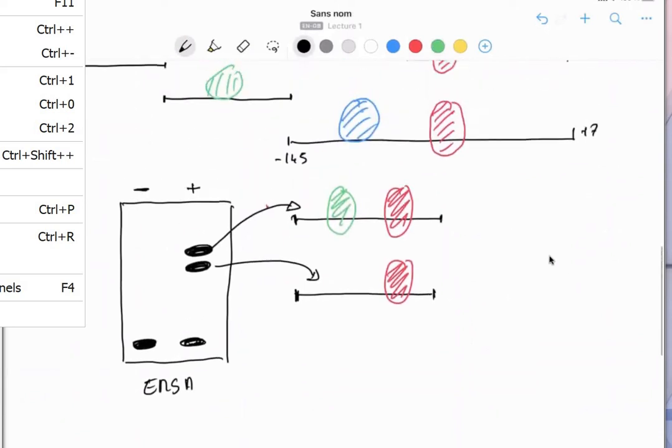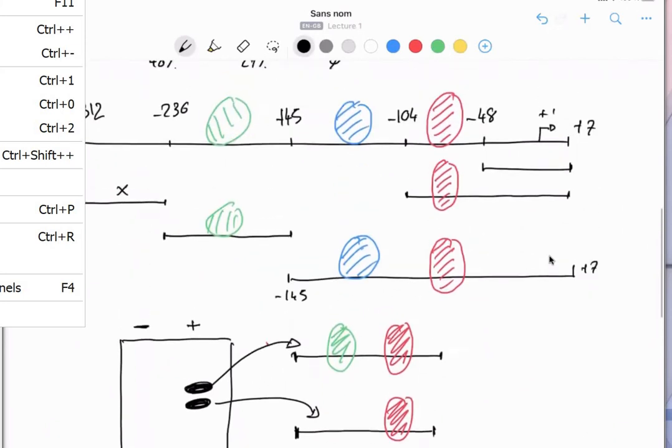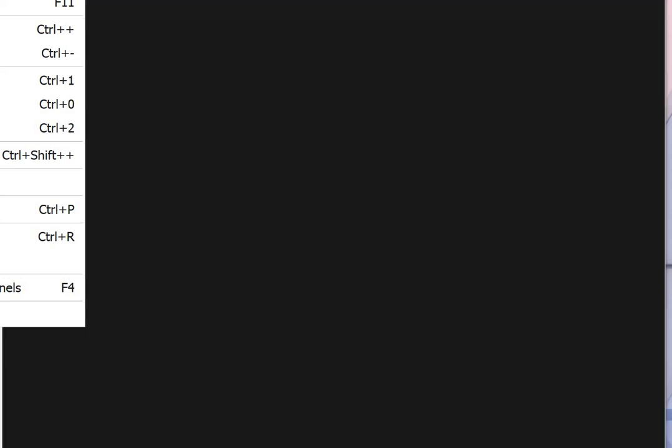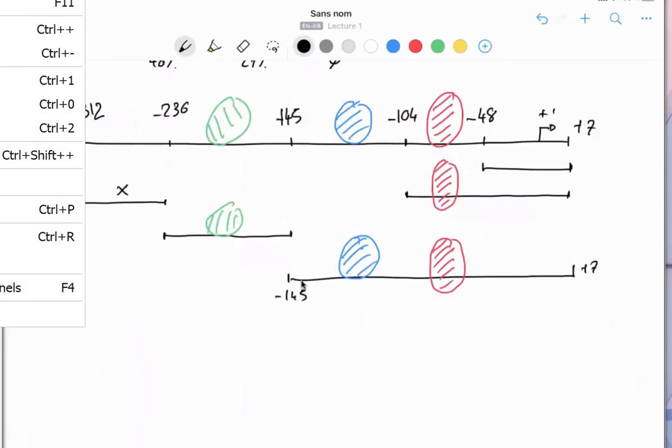So if we go back to the context of our promoter, I remove all this and look again at what we found. We found that the fragment minus 104 to plus 7 can form a complex. This is the red protein that we wrote down here. But if we add sequences here, to go to minus 145, we have two complexes in the gel shift exercise.